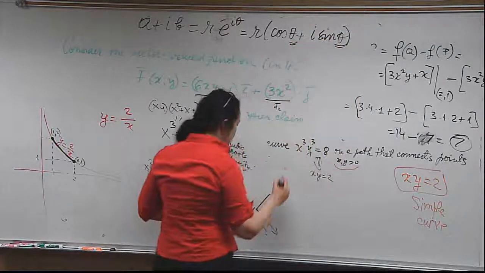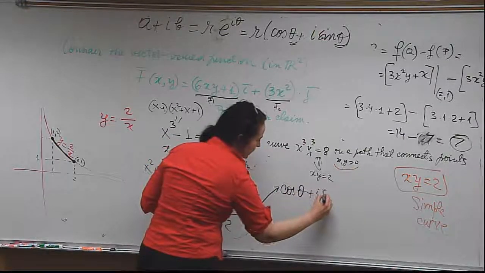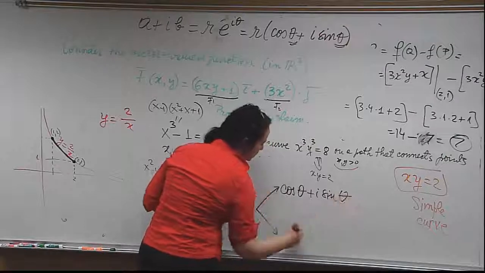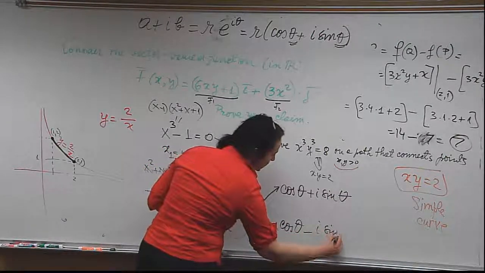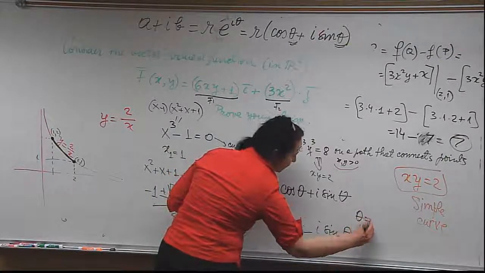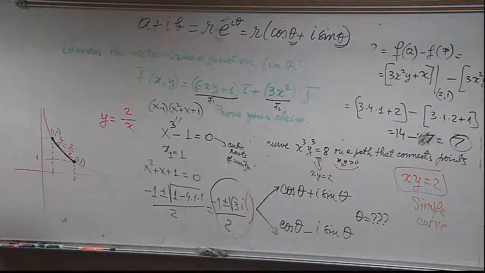Can you find me the angle theta if I were to write cosine theta plus i sine theta, or cosine theta minus i sine theta? Is it hard? Is it easy? What in the world is it?